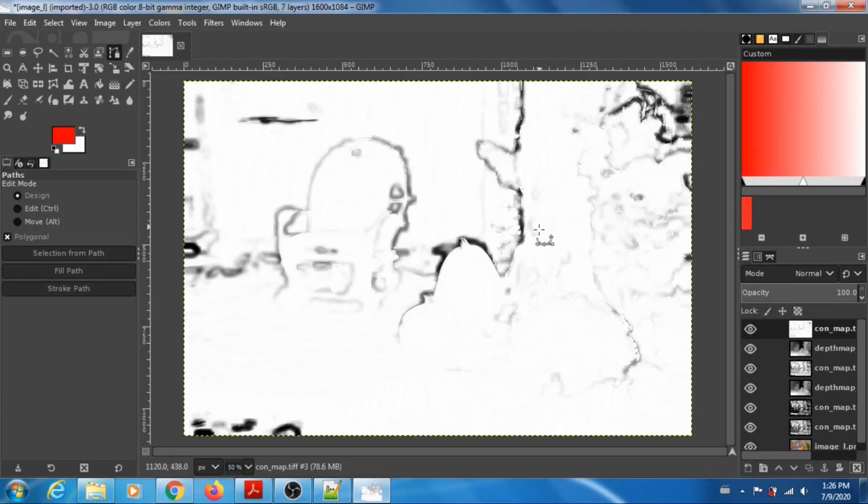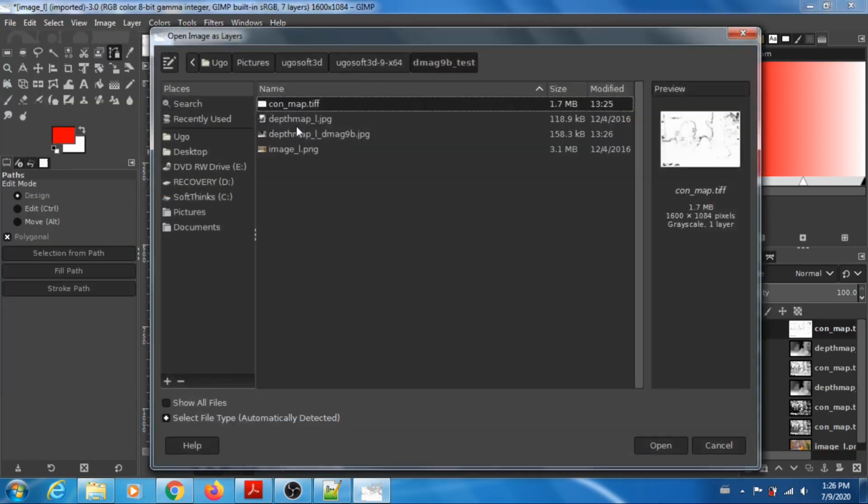Okay, so now you have a confidence map that says basically that all those pixels are very good. Only narrow areas are bad. So that's the difference. So let's look at the depth map. This one.